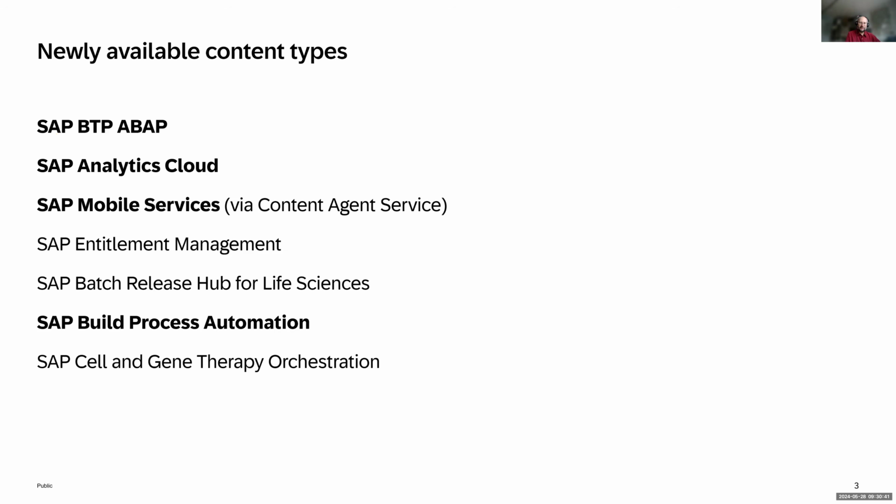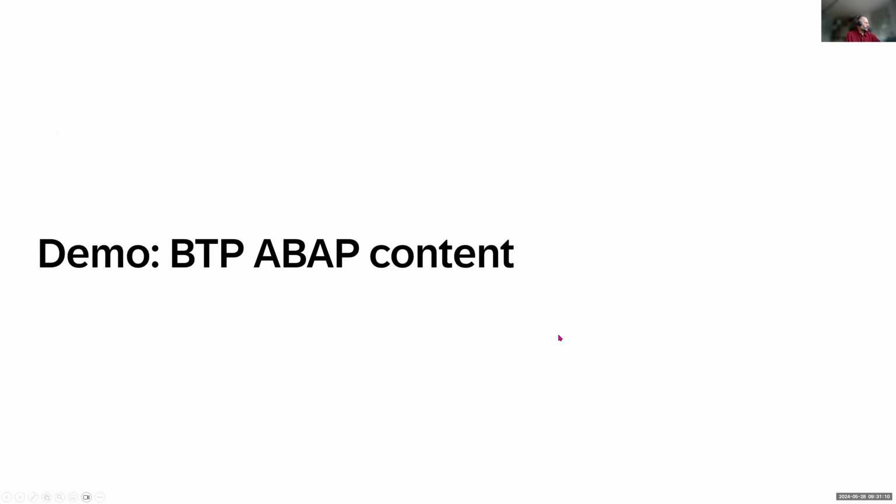I think Stefan will say a few words about that. Then we have some long tail applications in BTP: entitlement management, batch release hub for life sciences, and cell and gene therapy orchestration. These are from the health sciences area. And we have SAP Build Process Automation. These are things which we have released in recent time. And I will switch on to the demo in a second.